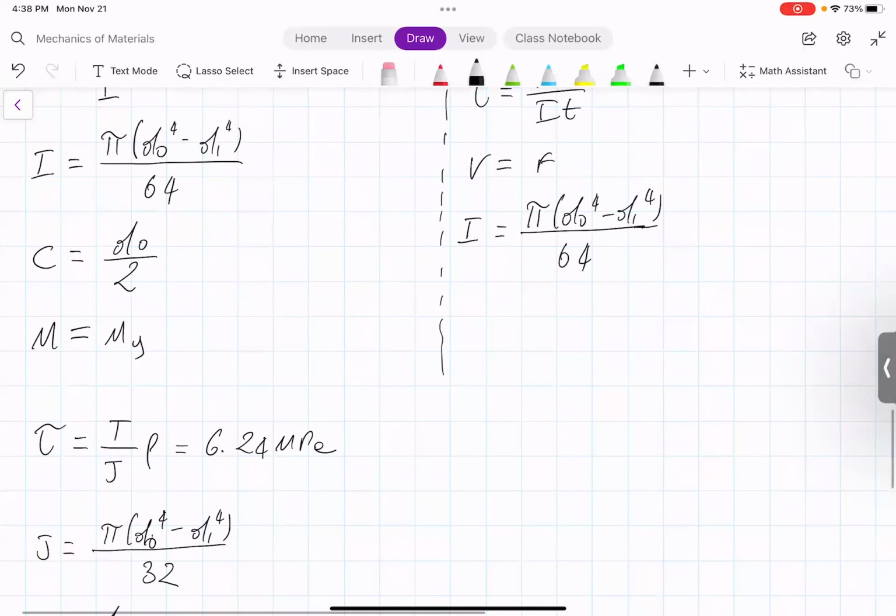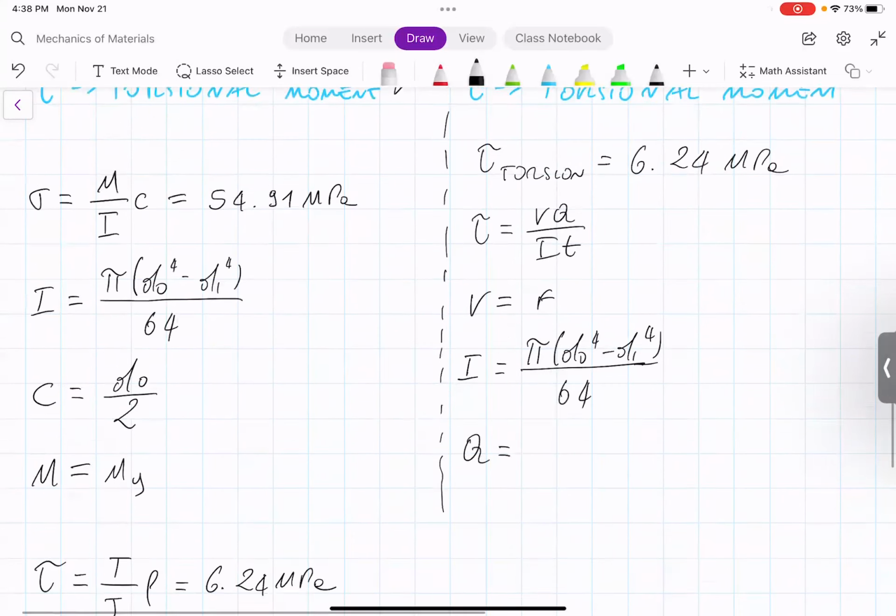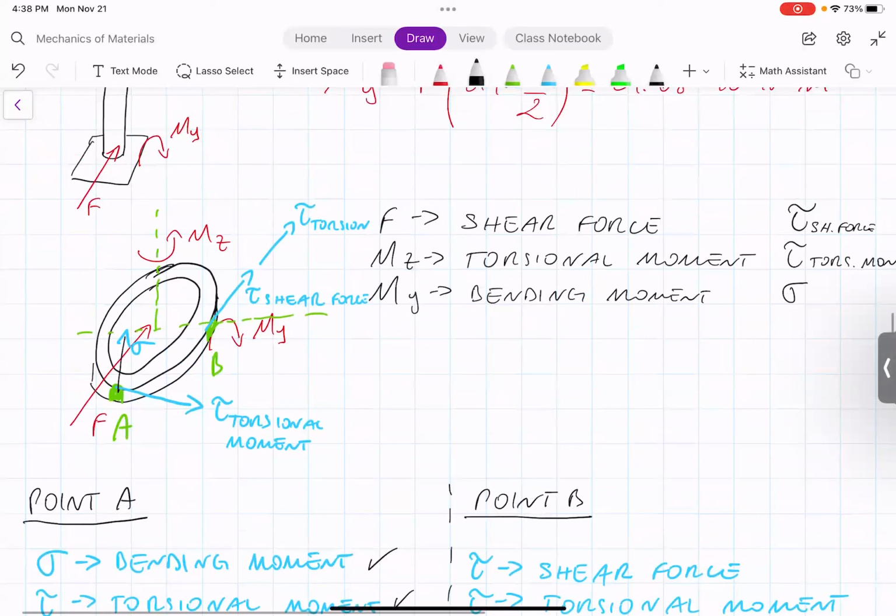Then we have Q. Q is the static moment. In this case, we have to look at the static moment of the portion of the cross-section above the area that we are analyzing. So basically, we are looking at the static moment of the portion that is above the neutral axis.